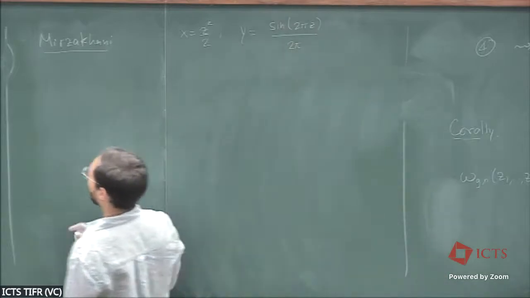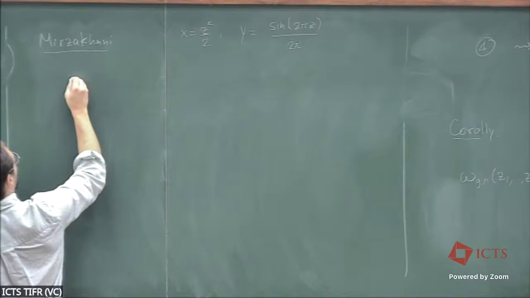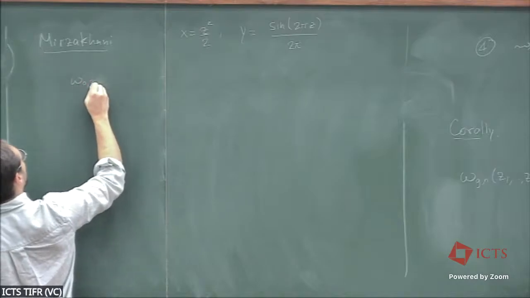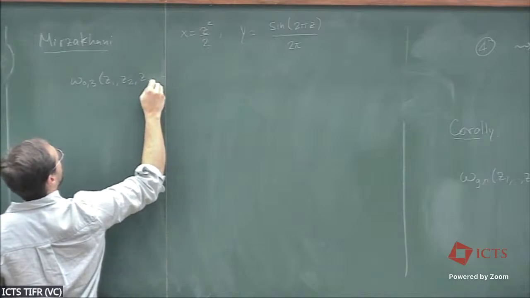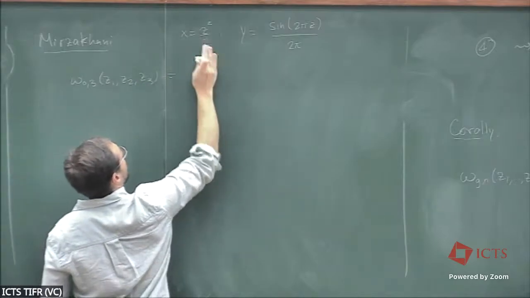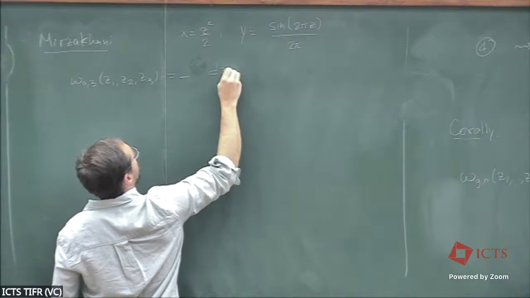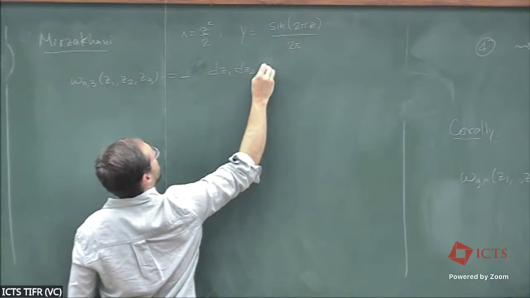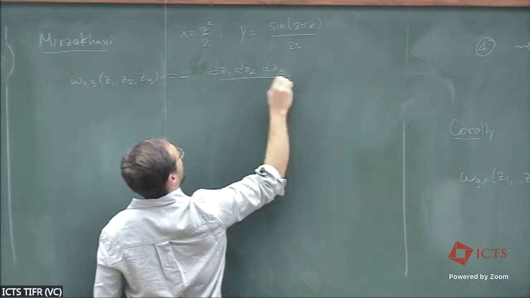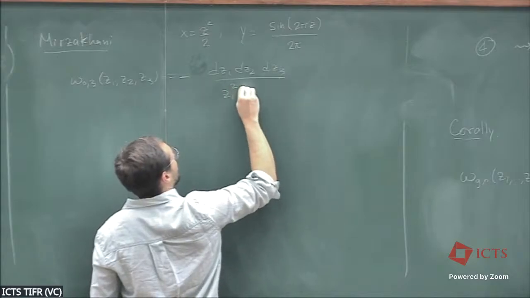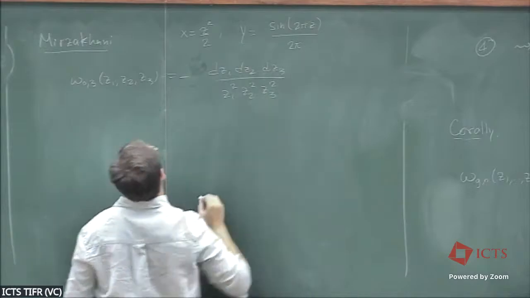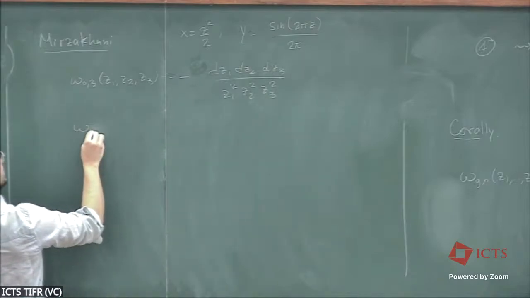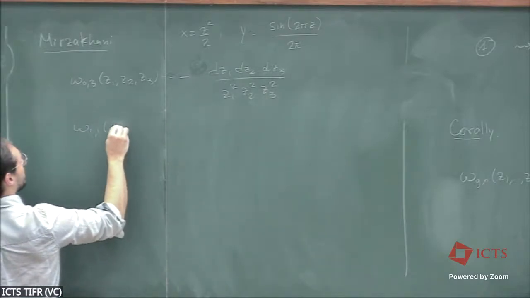And you can compute omega 0,3 and omega 1,1 in this case as well if you want, as an exercise. So this is equal to the area one, is minus dz1 dz2 dz3 over z1 squared z2 squared z3 squared. But the first interesting example is the 1,1 case.